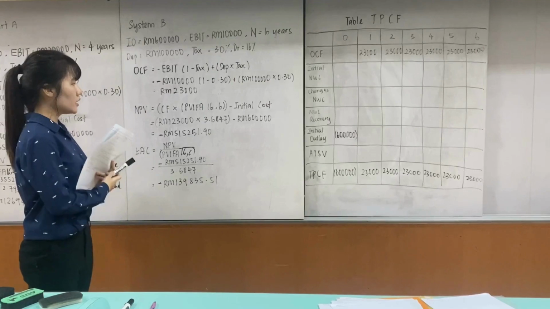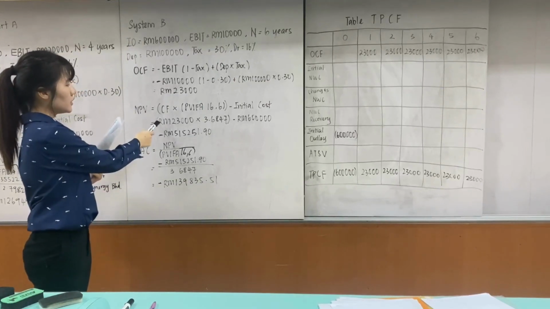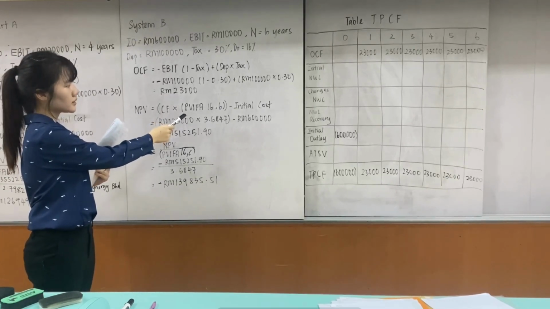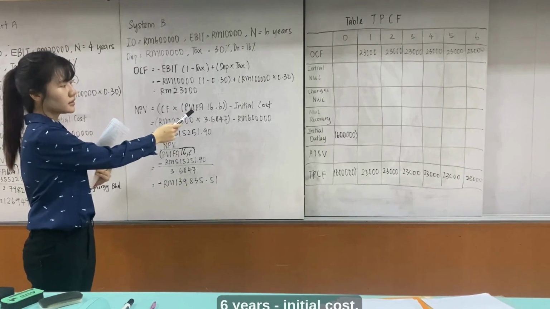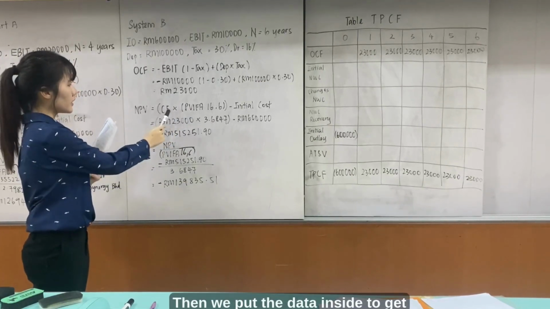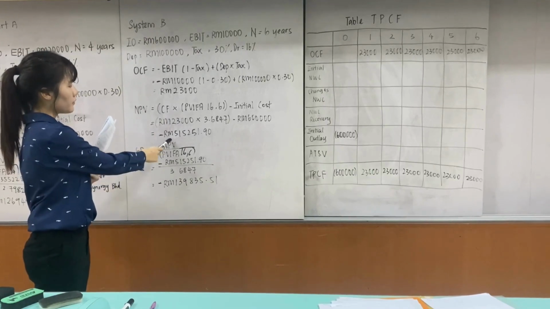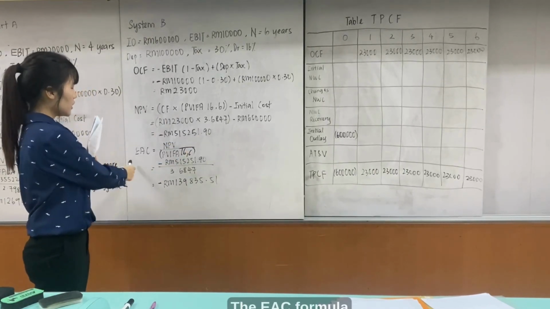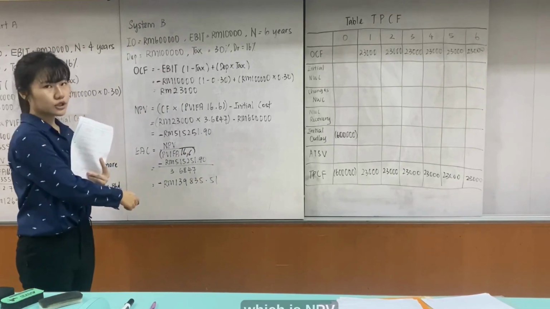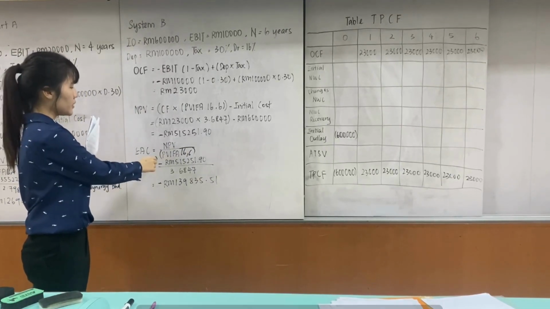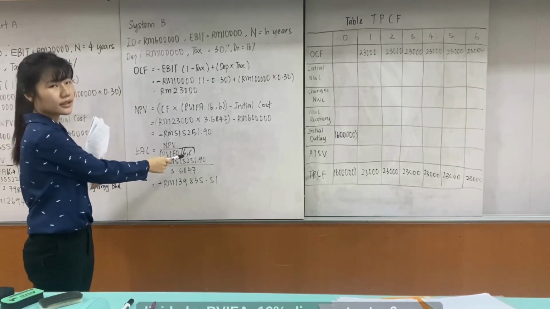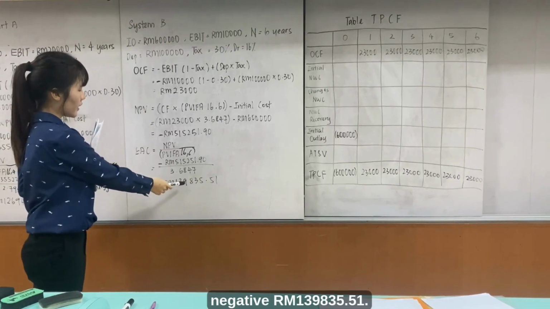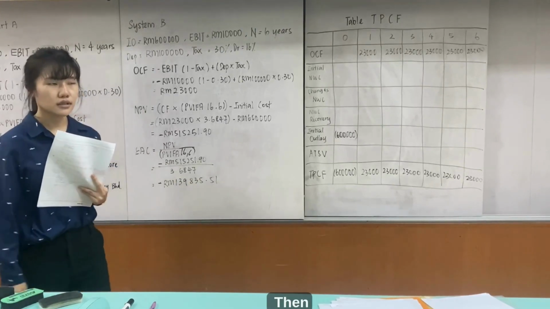For NPV, the calculation is CF times PVIFA (16% discount rate, 6 years) minus initial cost. Then we put the data in to get the answer, negative RM 515,251.90. The EAC formula is NPV divided by PVIFA (16% discount rate, 6 years), and we get the answer, negative RM 139,835.51.